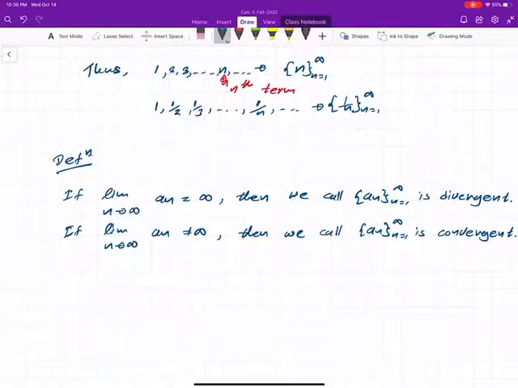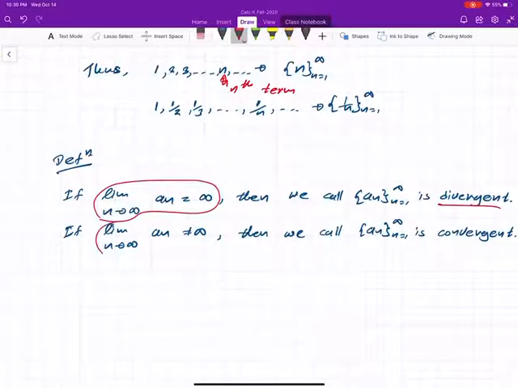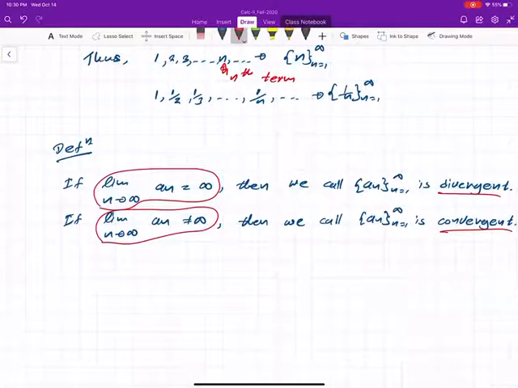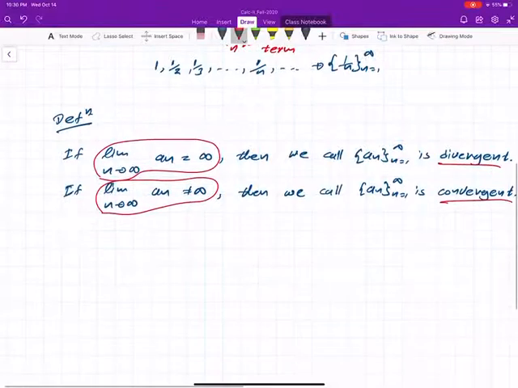So this is how you define convergent and divergent. If the first happens, you say it is divergent. If the other happens, you say it is convergent. You just check the limit of the n-th term as n goes to infinity.